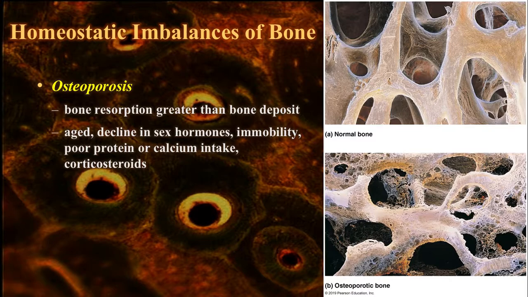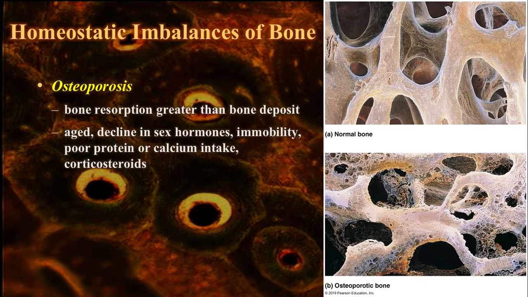And the age comes in with these other things too. So decline in sex hormones. Estrogen does a really good job of maintaining calcium levels in your bones. After menopause, though, women's estrogen levels drop significantly. So you no longer have that estrogen that helps keep calcium on your bones. So as you get older, girls, osteoporosis is a problem.